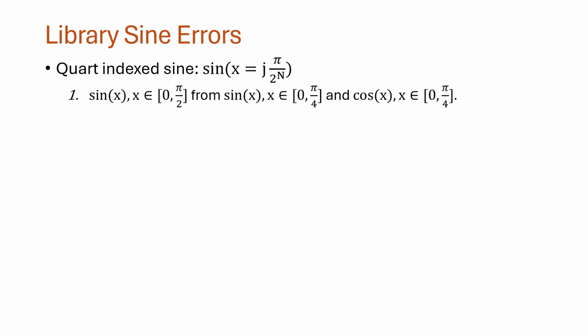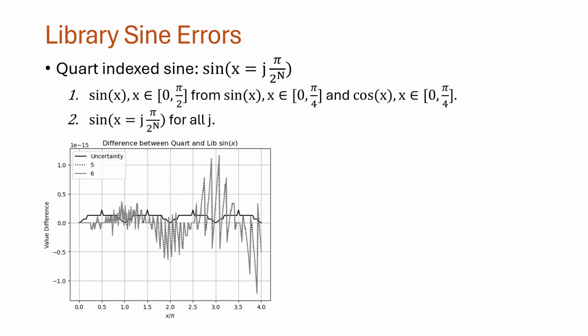First, we construct sine x between 0 and pi over 2 from sine x between 0 and pi over 4, and the cosine between 0 and pi over 4. Then we extend sine x to all j using symmetry and periodicity of the sine function. Once we have that, we can compare our quartz sine function with the library sine function.